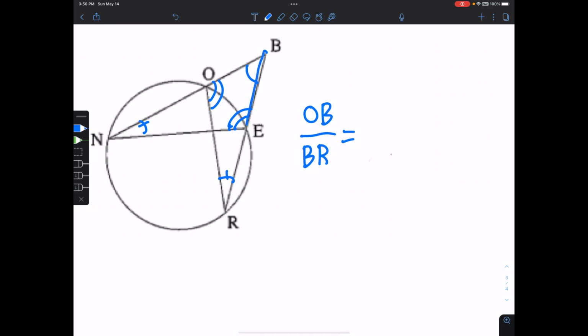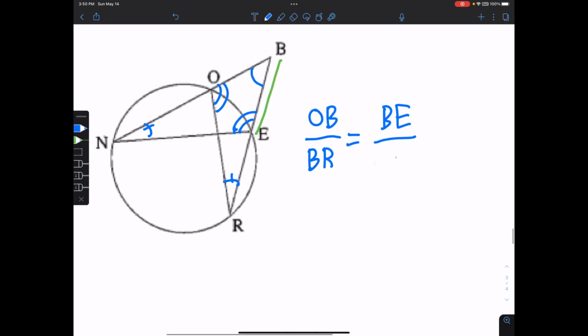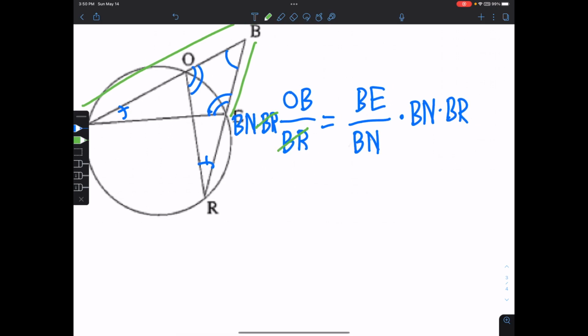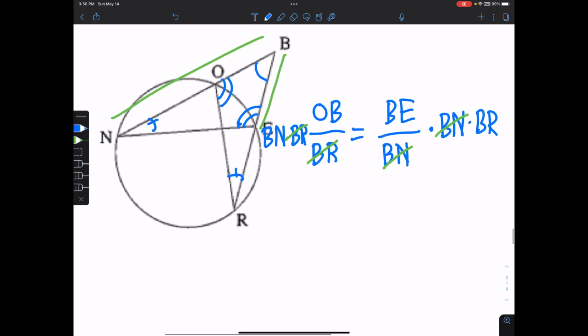So that side will be BE in this case. And then we have to look at the side across from the double angle, which would be BN, okay? Now if we multiply both sides by BN times BR to get rid of the denominators, then we can find our generalization. So we get that BN times OB is equal to BE times BR, okay?